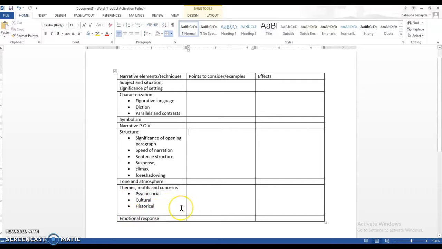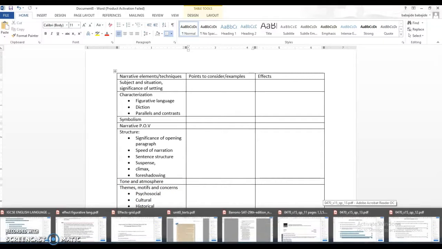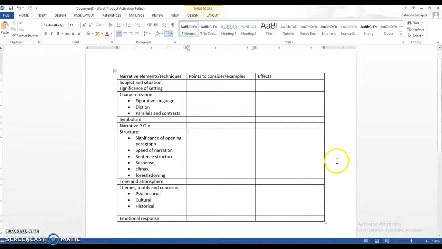Cultural issues, historical issues, and anything that can be termed a theme, a motif, or a concern. And then your own emotional response, like how effectively does the writer make you feel sympathy or anger or whatever, right? So I hope that we'll be able to apply this in one of our texts, maybe in this class and in other classes. So thank you.